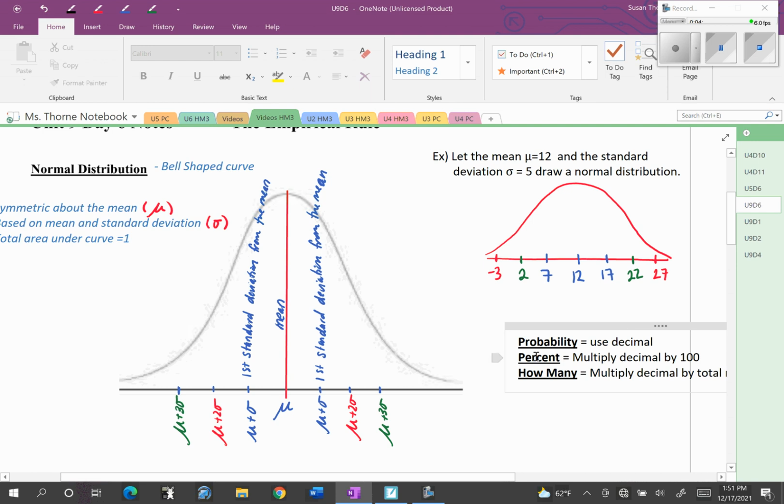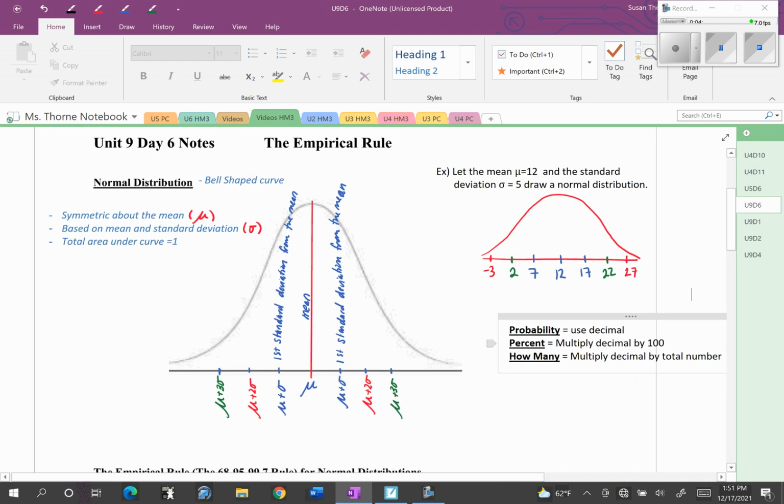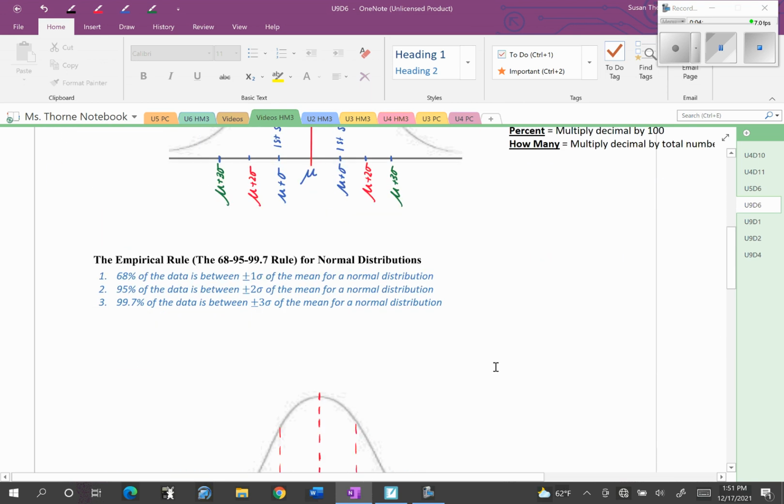So make sure you have all this written down, because next we're going to actually look at then what the empirical rule is. The empirical rule, which is the 68, 95, 99.7 rule for normal distribution, shows the connection between the normal distribution and the standard deviation.